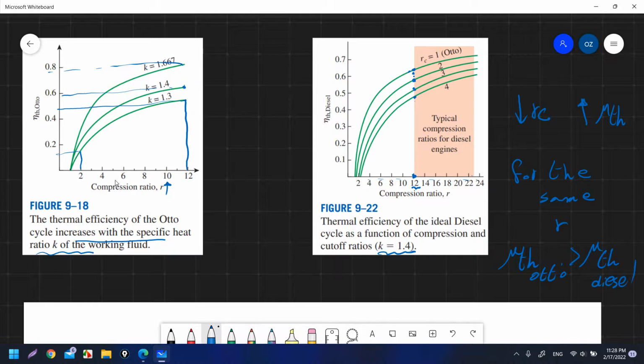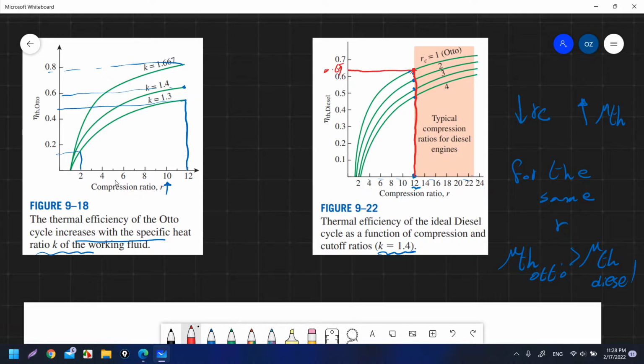Why are we using diesel engines? That is the point: for diesel engines we can increase the compression ratio to more than 12. For the Otto cycle we have a compression ratio of 12 and a cutoff ratio of course 1, so the thermal efficiency is around 0.65.